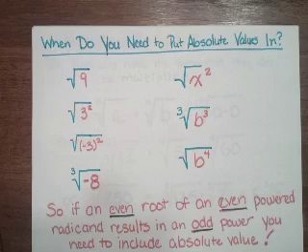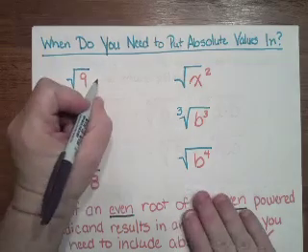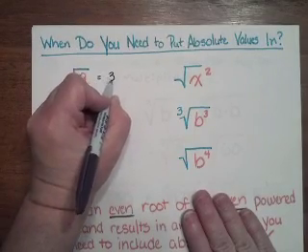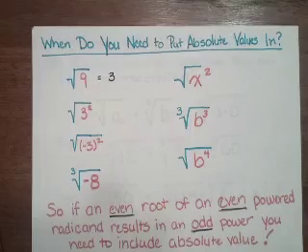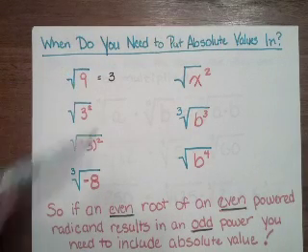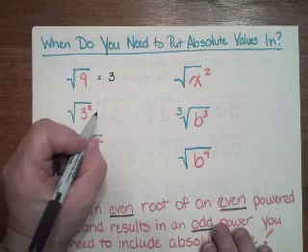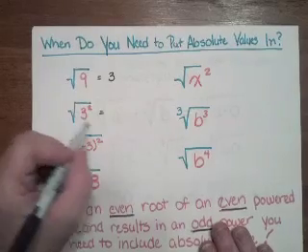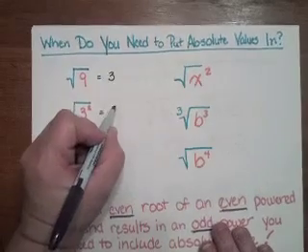The square root of 9, and we're really talking about principal square roots. So the principal square root of 9 is 3. So I know that it must be 3. The principal square root of 3 squared is also 3.